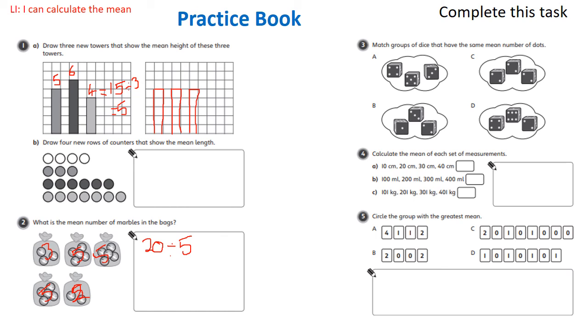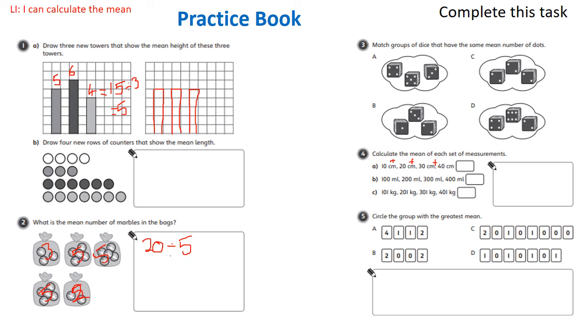Question 3. Match groups of dice that have the same mean number of dots. So we need to find the mean for each of these. Question 4. Calculate the mean for each set of measurements. So in this one, we're going to do 10 plus 20 plus 30 plus 40.